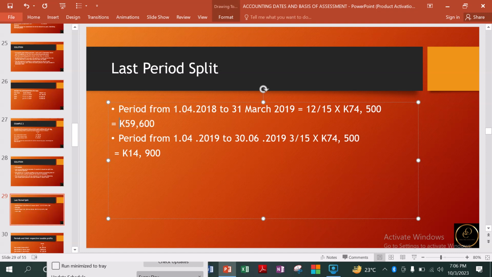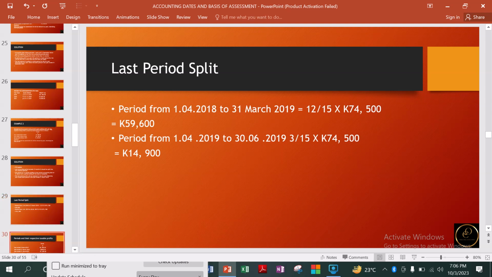Then the other period, which is running from 1st April all the way to 30th June, that is 3 months. That is 3 over 15 times 74,500 will give you 14,900. So that is just to make you reflect on how we split the profit into two notional periods.